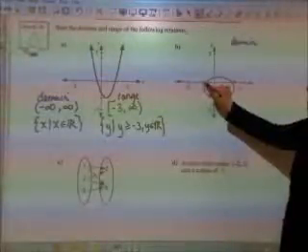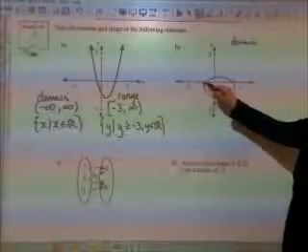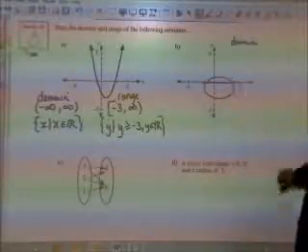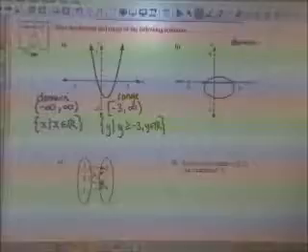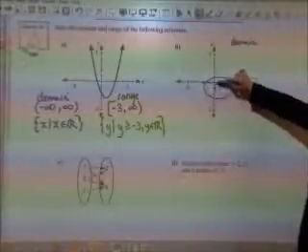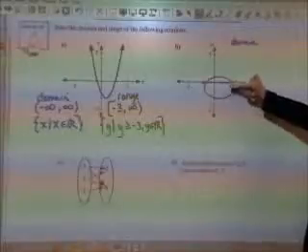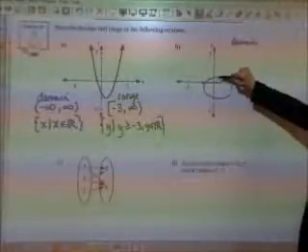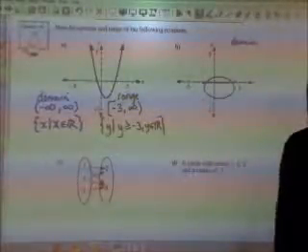Yeah, because if I was to put it on a number line, that's what it would look like. Because if I follow down from that number line, I'm going to hit the graph every single time.